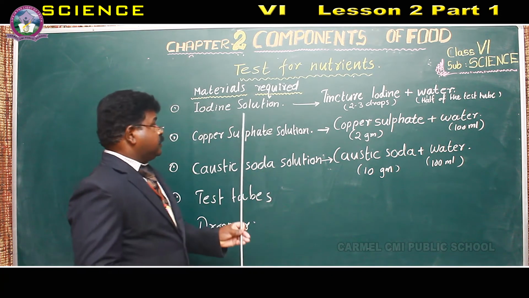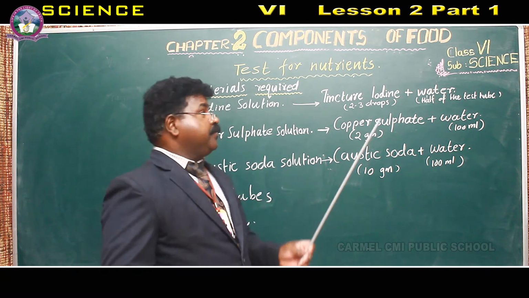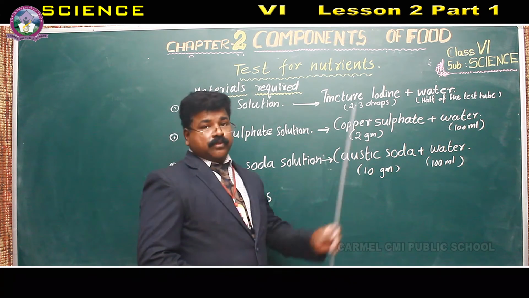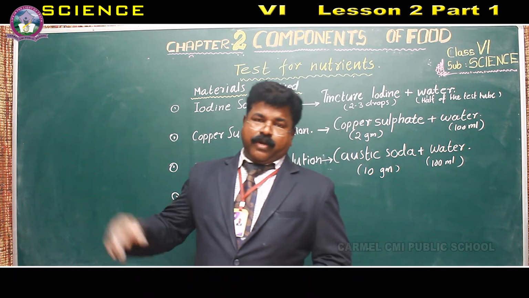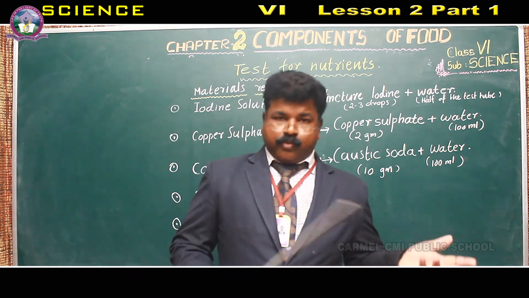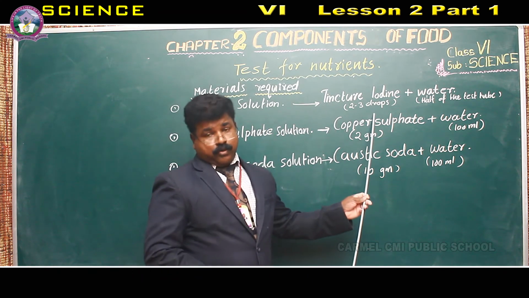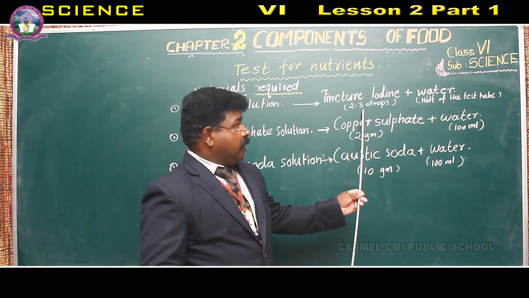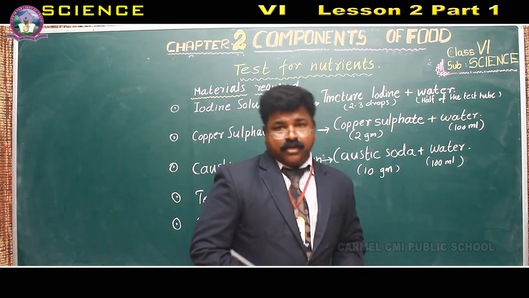So the first one is iodine solution. In order to prepare iodine solution, we need 2 to 3 drops of tincture iodine. It is available in medical shops, and it is also available in your school lab. We must take 2 or 3 drops of tincture iodine and pour it into a test tube half filled with water.